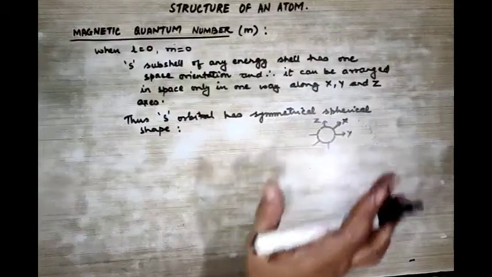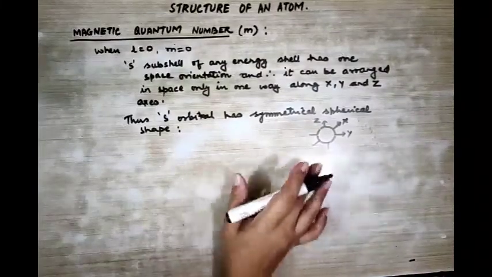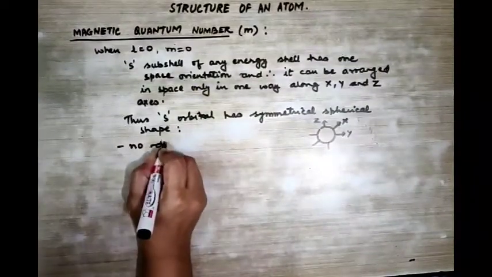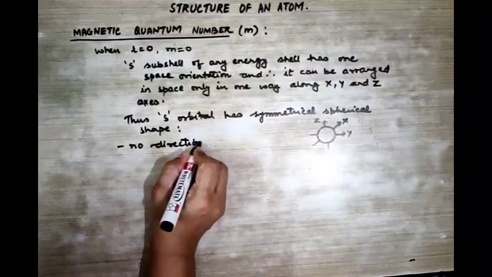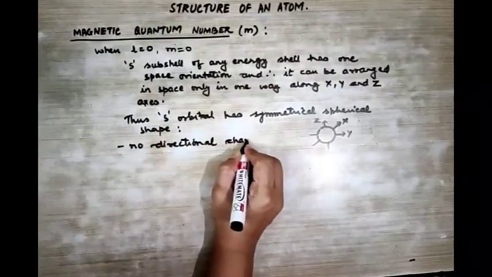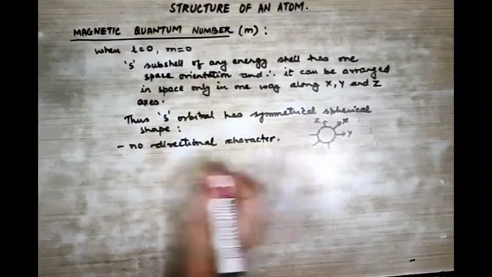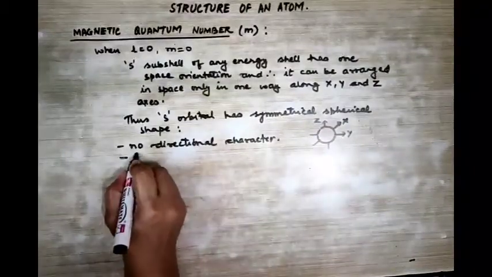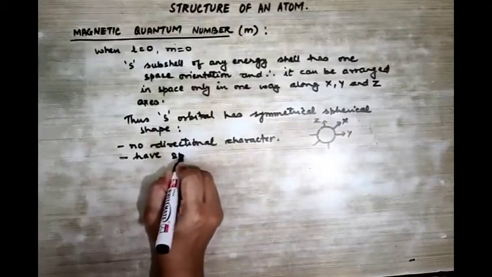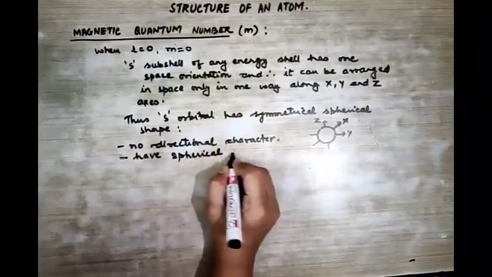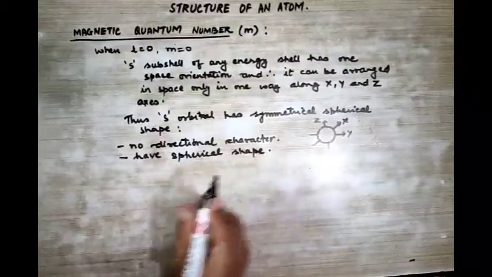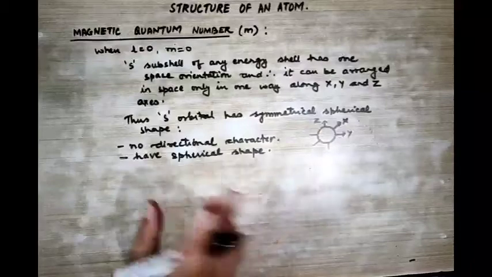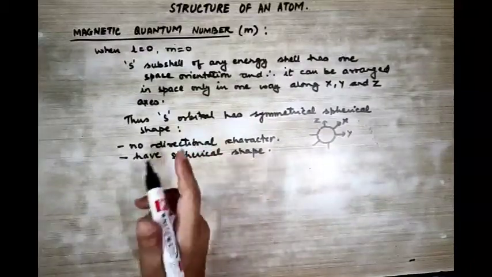First and foremost, these s orbitals do not have any directional character. These are a few points that you should remember. They only have the spherical shape.